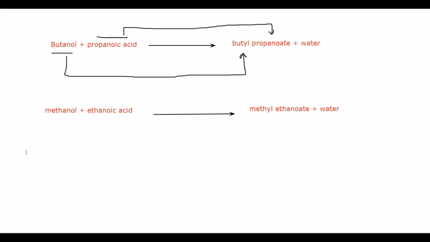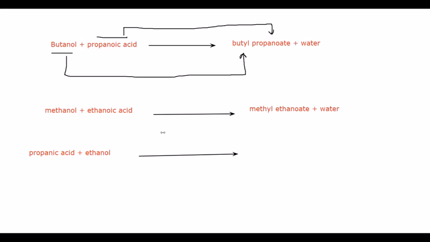If I say propanoic acid plus ethanol, what will be the product? I wrote the name of the acid first. But for an ester, the first name is always from alcohol.